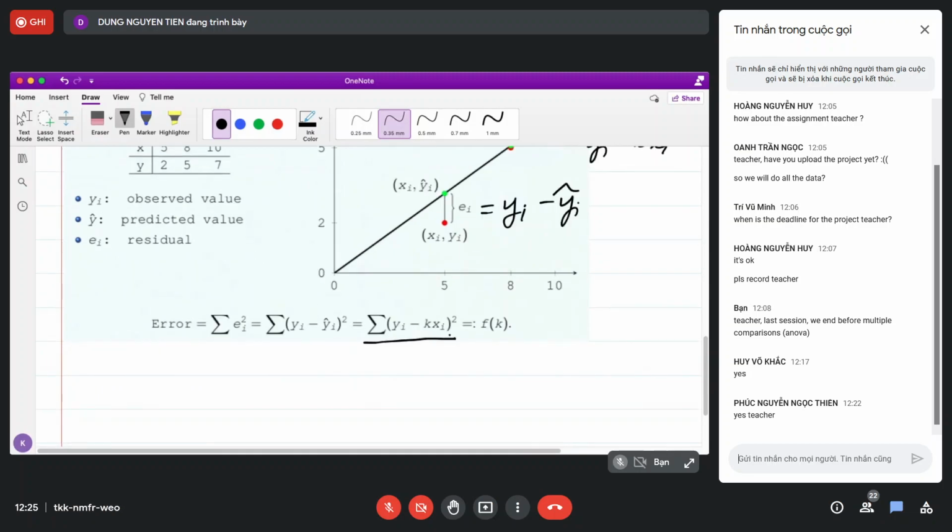In this expression, you have only one unknown parameter k; xi and yi are given. You don't know the value of k, and you want to find k such that the error is small. It means that you want to find k that minimizes the function f of k. Do you understand?